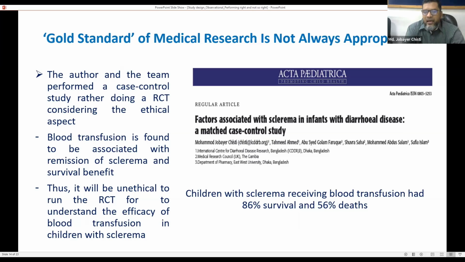That does mean that by not doing a randomized trial, but only doing an observational trial with a case control design, was better than doing a randomized clinical trial. So nowadays, blood transfusion is the choice of treatment for the children who come with scleroderma.